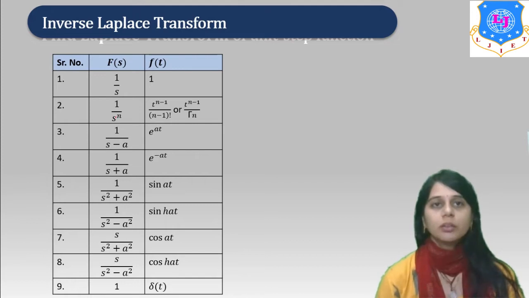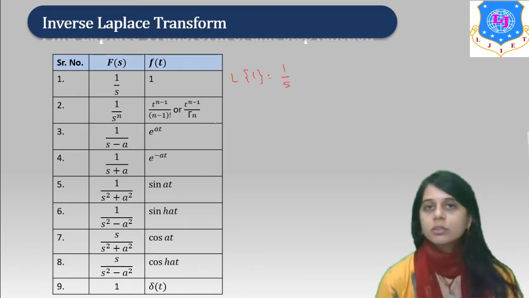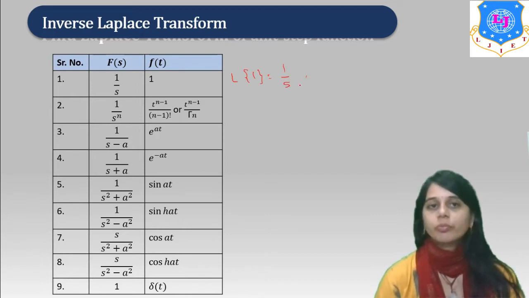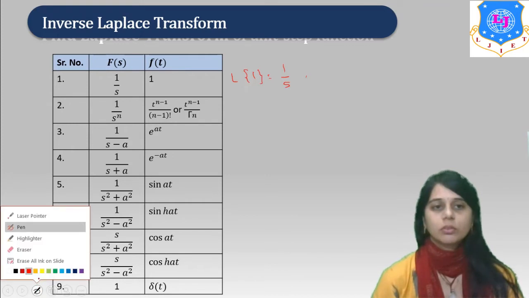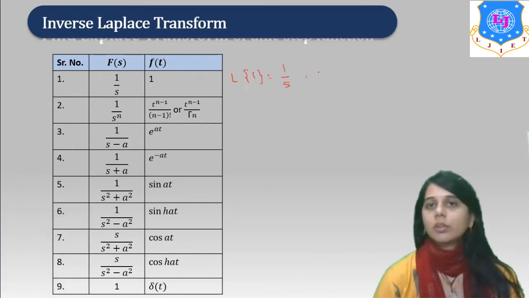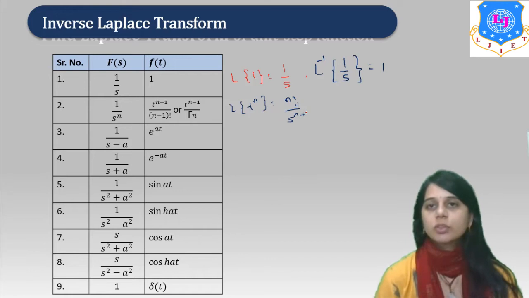Some of the formulas, like Laplace of 1 is 1 by s. So, Laplace inverse of 1 by s is 1. Now, Laplace of t raised to n is n factorial upon s raised to n plus 1.